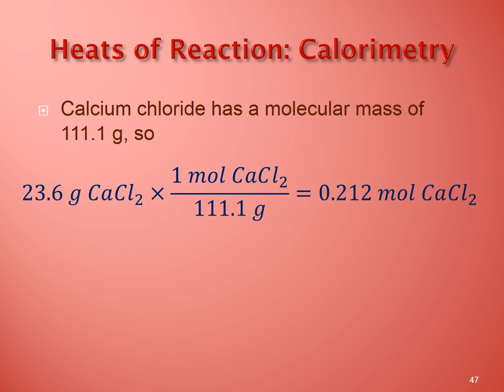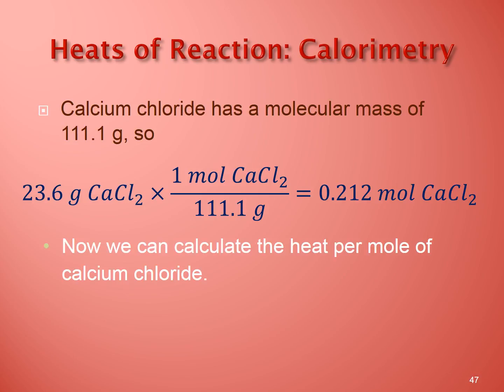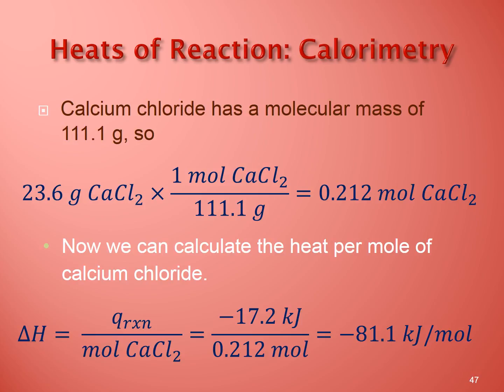So if we take our 23.6 grams divided by 111.1, we actually reacted 0.212 moles of calcium chloride. To calculate the heat per mole, we just take the heat that we calculated, negative 17.2 kilojoules per 0.212 mole, which is the same as negative 81.1 kilojoules per mole. So it was an exothermic reaction, and when we measured it, the temperature in our calorimeter rose.